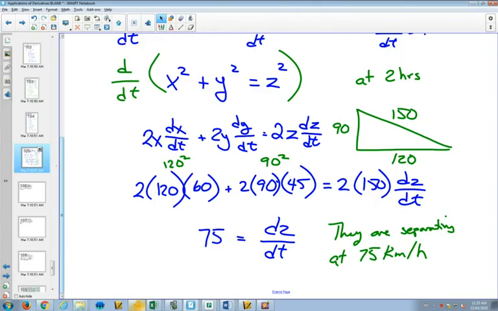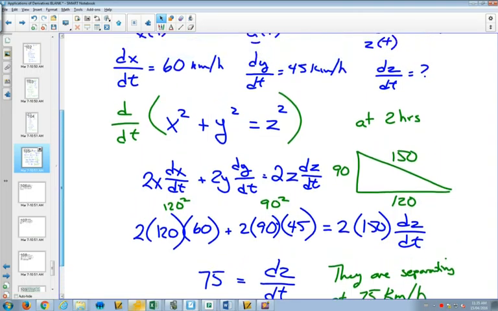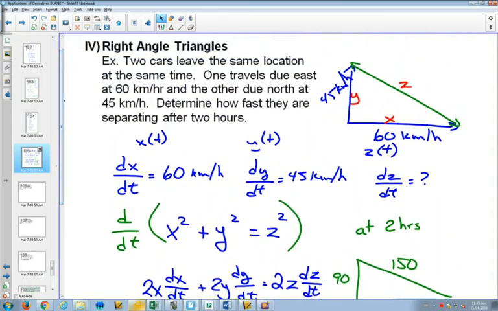Now, because it's a right-angled triangle in this one, if we go back to our original triangle, and if you would have done a squared plus b squared equals c squared with the 45 kilometers per hour and the 60 kilometers per hour, you would have got 75 kilometers per hour as well. But it's nice to see how even an equation with 3 variables you can do implicit differentiation for.